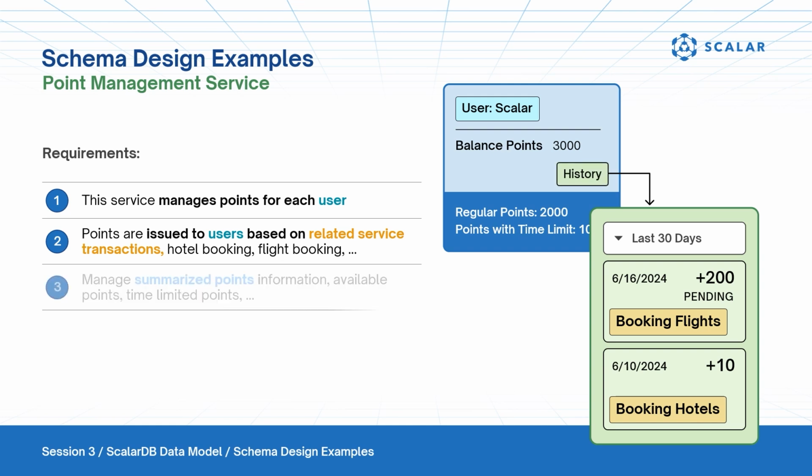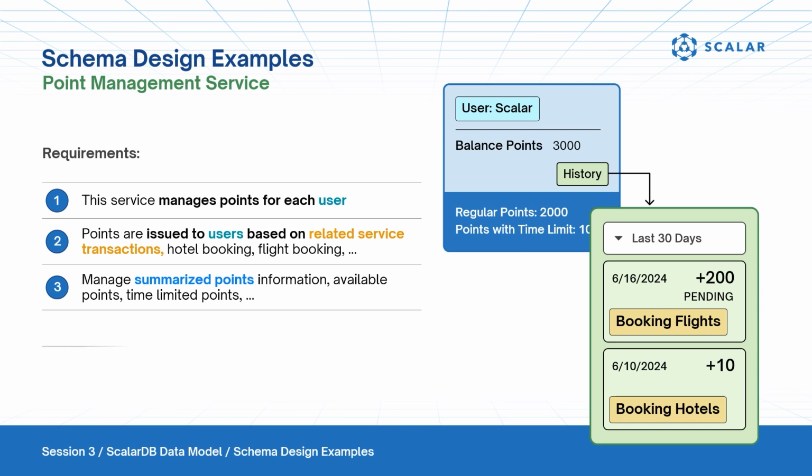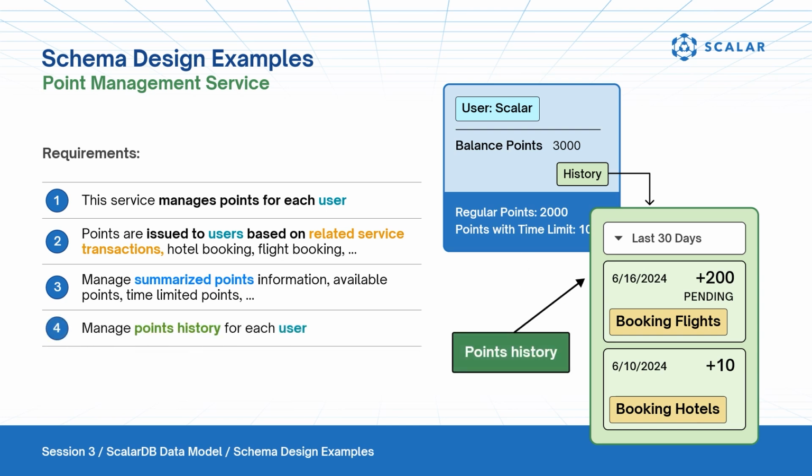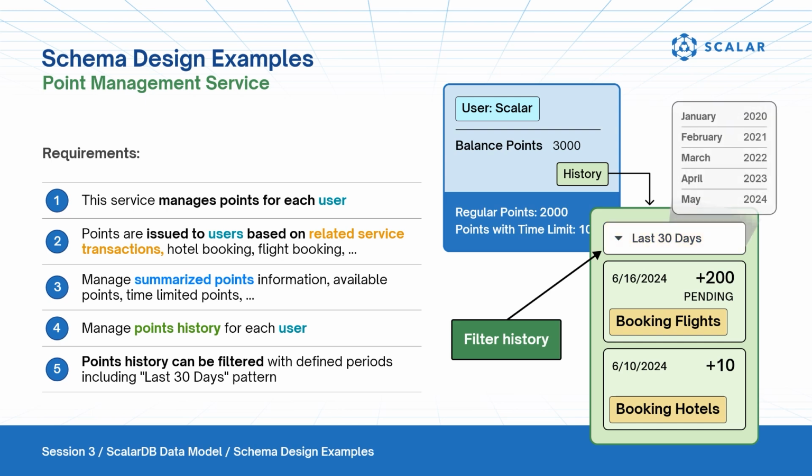Another requirement is to manage summarized points information such as available points, time-limited points, and so on, so it is not required to calculate the necessary data frequently. The next requirement is to manage points history for each user. Also, points history can be filtered with defined periods, including last 30 days as default option.